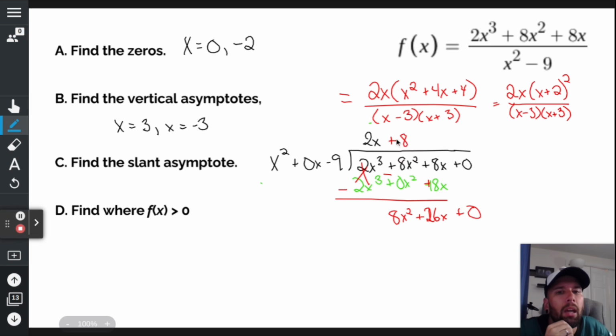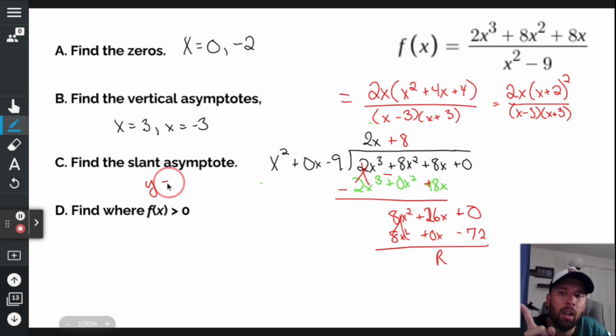Plus 8. 8 times x squared is 8x squared plus 0x minus 72. Not that it matters because you go away. I don't care about remainders. The slant asymptote is the line y equals 2x plus 8.